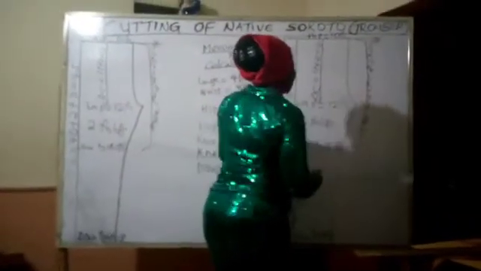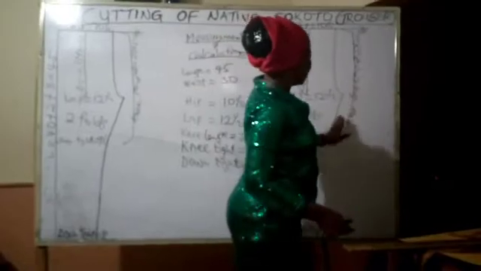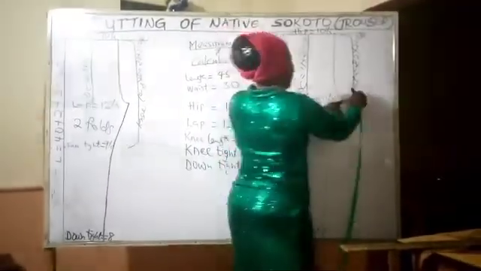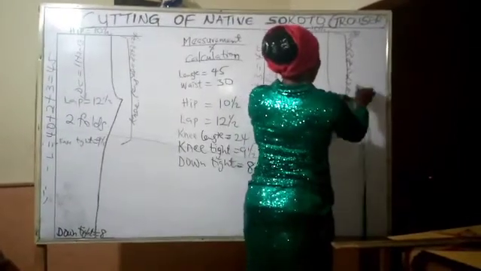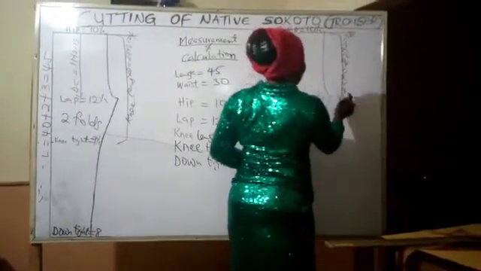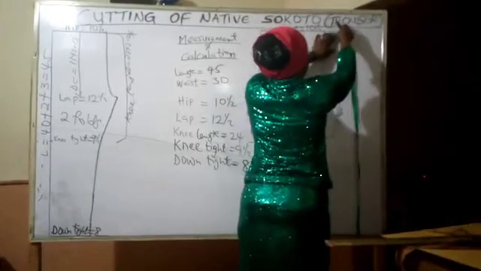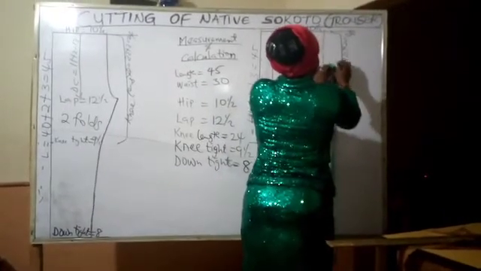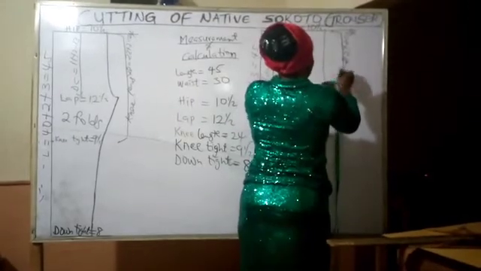So this one is cut in 2 folds. Now there's something called crotch depth extension. Here you are going to extend this one to 2.5. You are going to add 2.5 to this place. Then from the upper part you are going to add 1.5 because of the bottom.